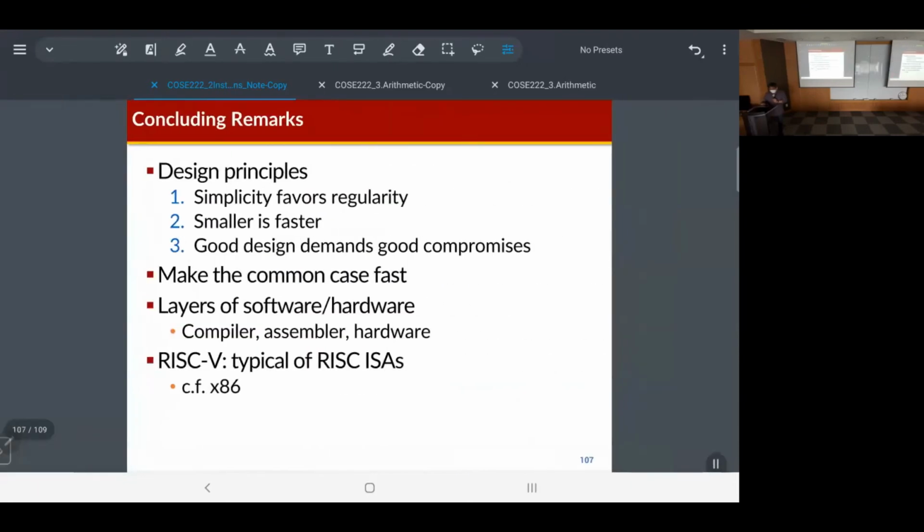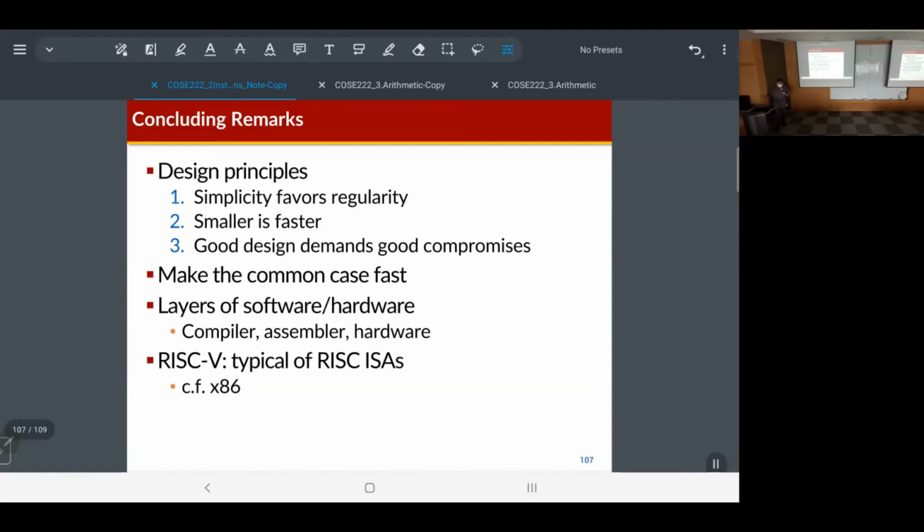Okay, so in chapter 2, we learned about the RISC-V ISA, how this RISC-V ISA was designed, and how the RISC-V instructions are encoded into machine code.